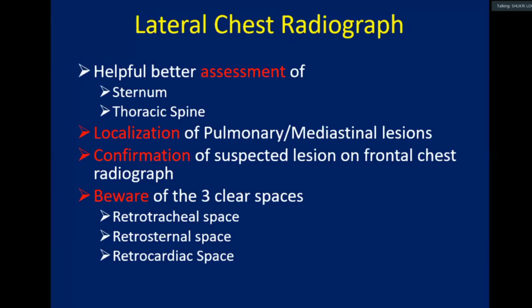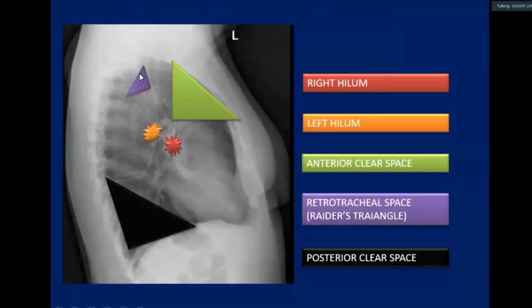And it's always important to check the three clear spaces on lateral radiographs: the retrotracheal space, the retrosternal space, and the posterior clear space overlying the lower thoracic spine.